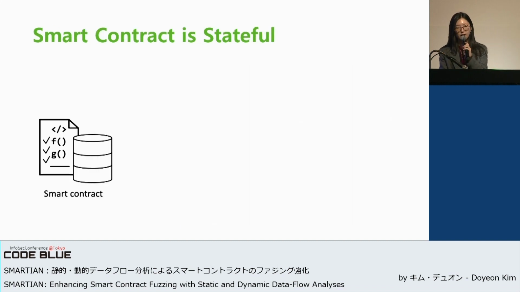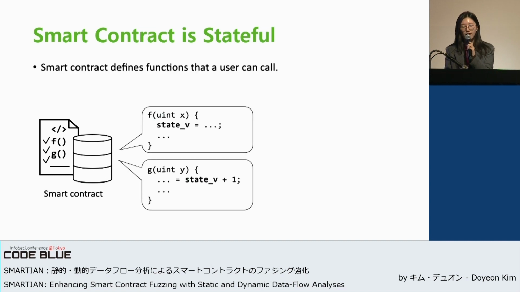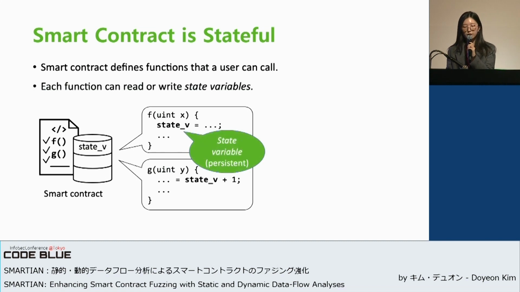Next, I will introduce some characteristics of a smart contract. In general, the contract code defines a set of functions and provides them to the users. Each function can read or write state variables of the contract, which is similar to a global variable of a C program.